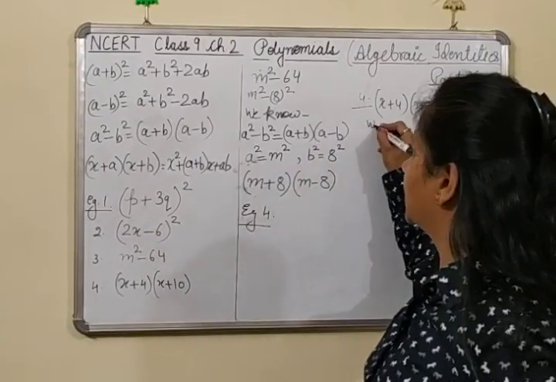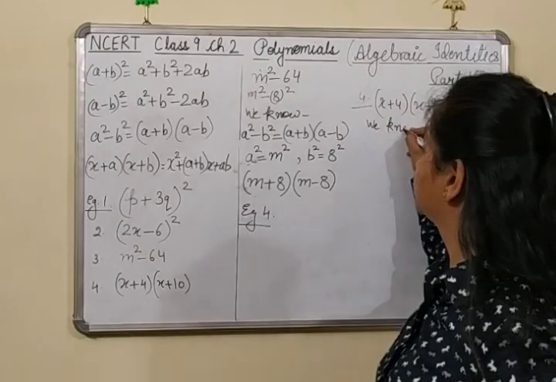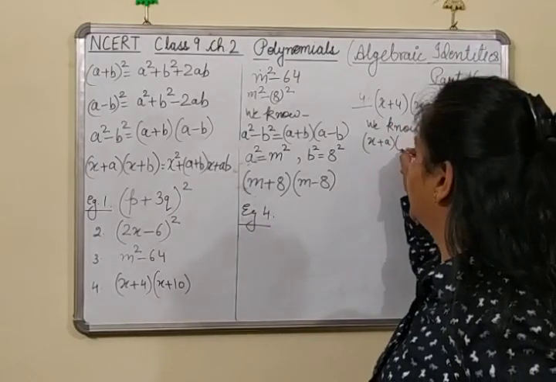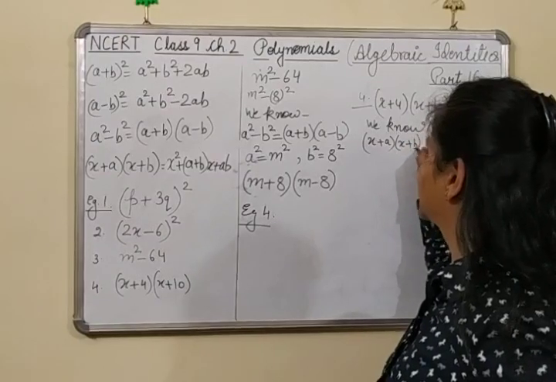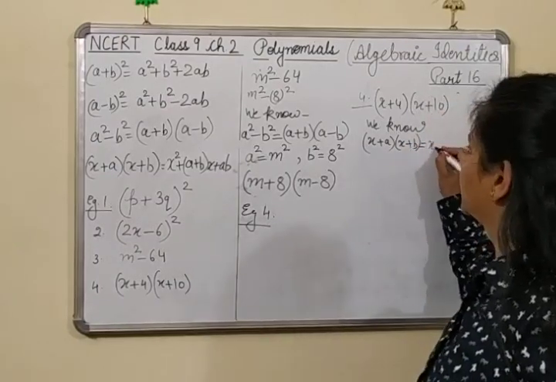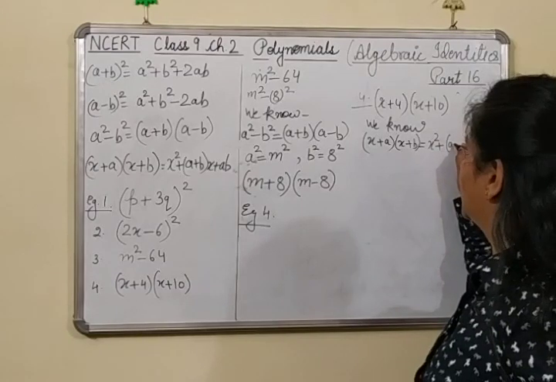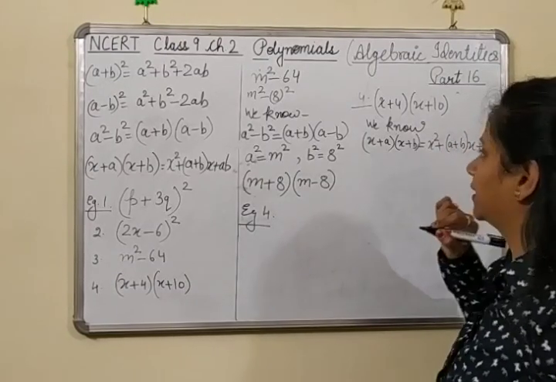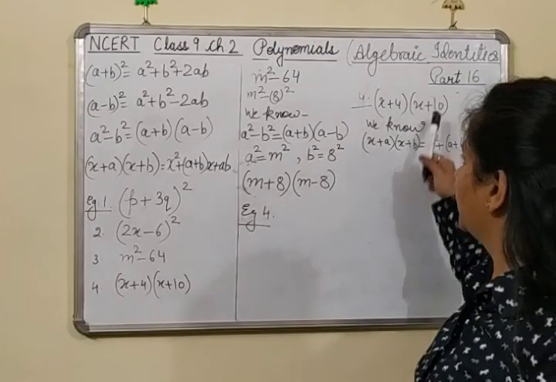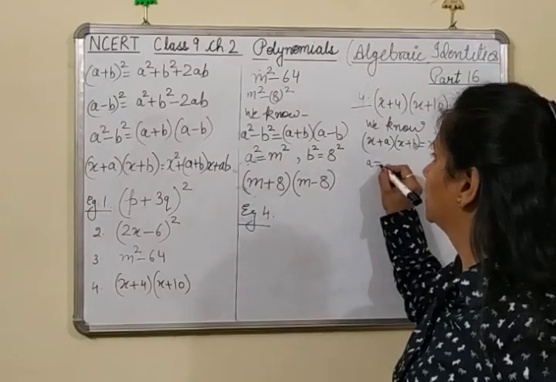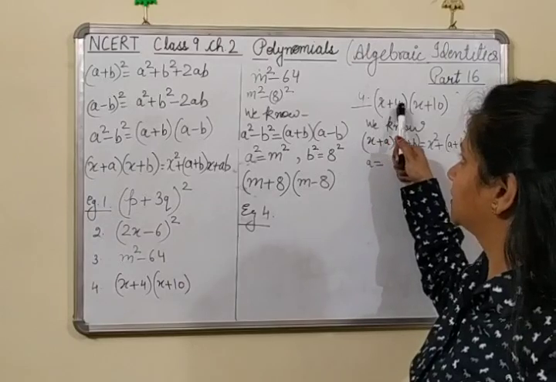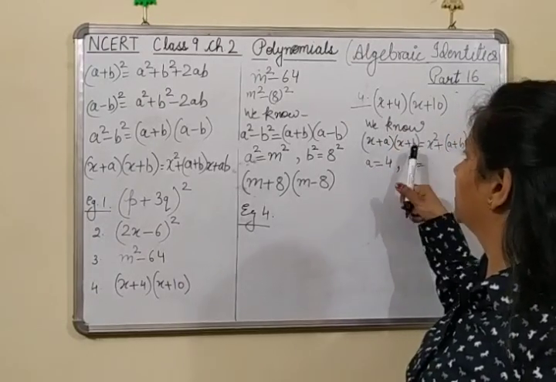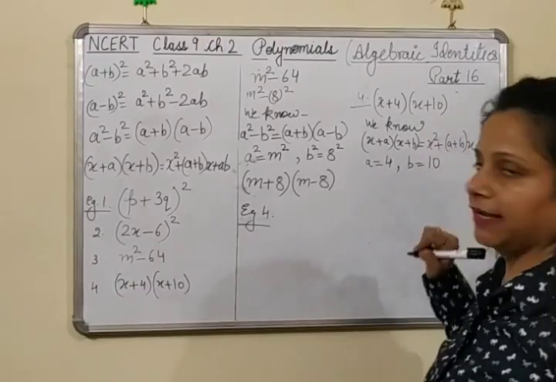So we will write the identity. We know that (x plus a)(x plus b) is equal to x square plus (a plus b) x plus ab. On comparing, a is 4, and on comparing, b is 10.